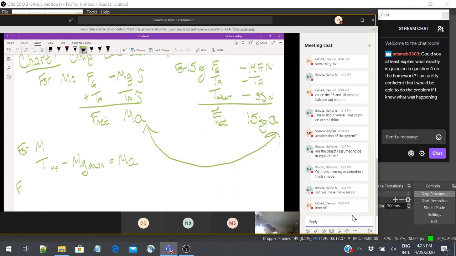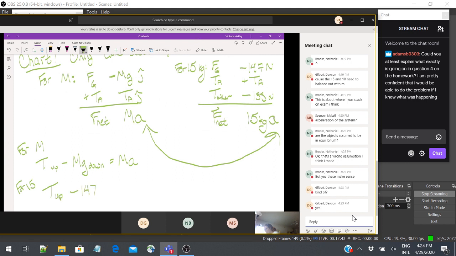And for the 15 kilograms, it's that tension upward minus 147 downward minus 133 downward equals its mass times acceleration. So we're applying Newton's second law. Okay. Some people find it makes more sense to write it this way. Some people find it makes more sense to write it that way.